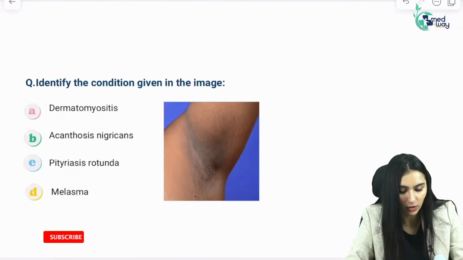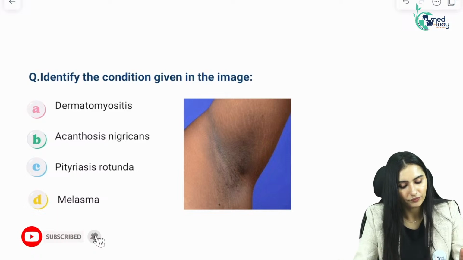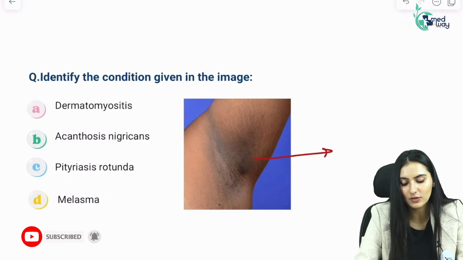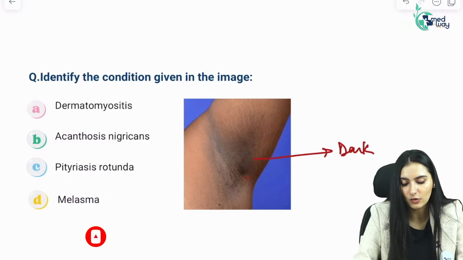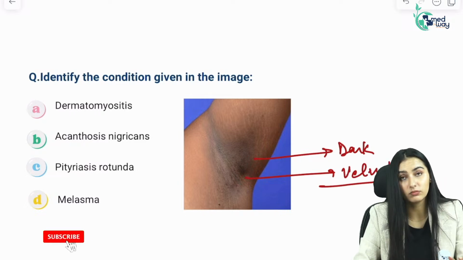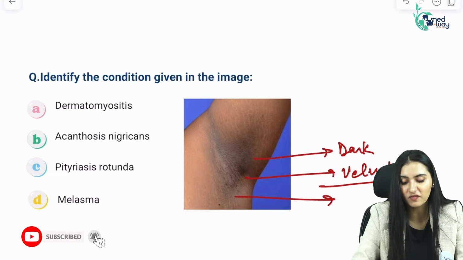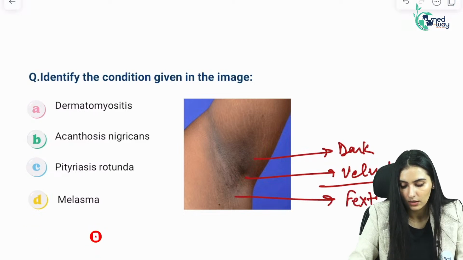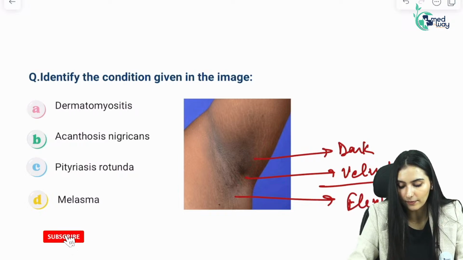Okay. Chalo. Identify the condition given below. What does it look like? It looks dark. It looks velvety. I've already told you the situation before also. This is a flexure. Okay. What is this?